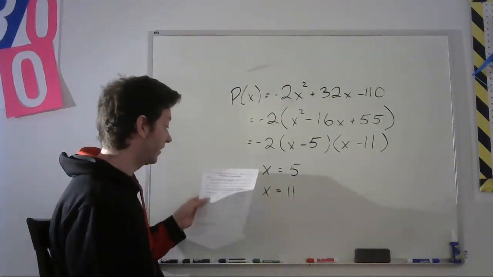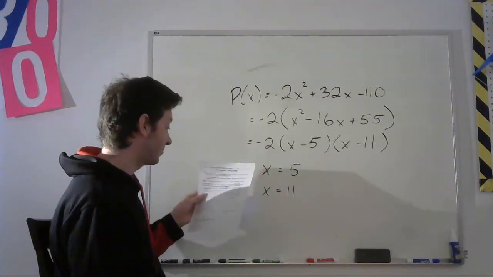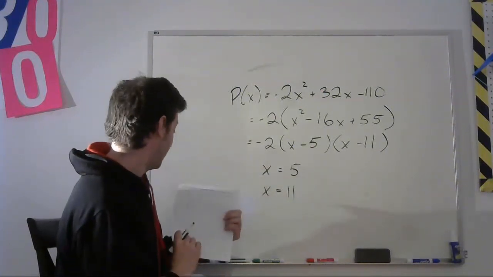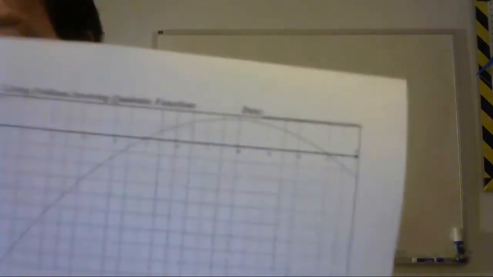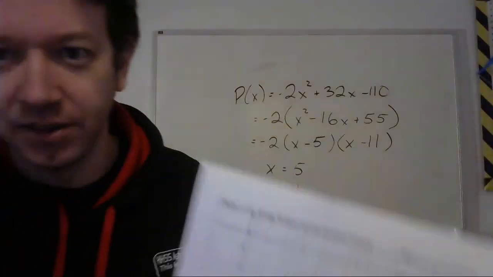Right, so that's factoring. The last example is by graphing. And you can use Desmos to graph, but you don't have to, because the graph is actually on the next page. Okay, so there's the graph.